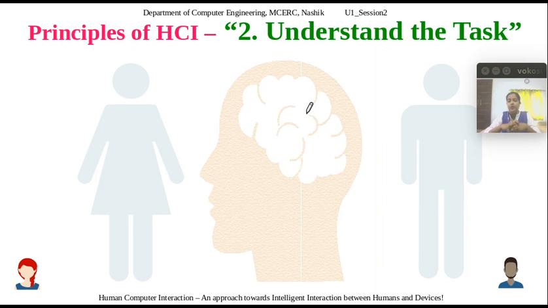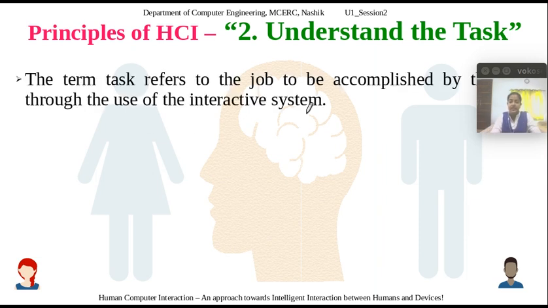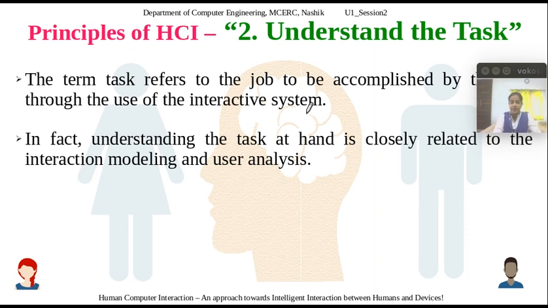Okay. Now after knowing the categories of users, we have to concentrate on the second principle, that is understand the task. This means understanding the tasks to be accomplished by using that particular system.